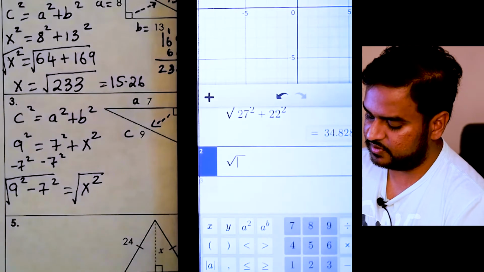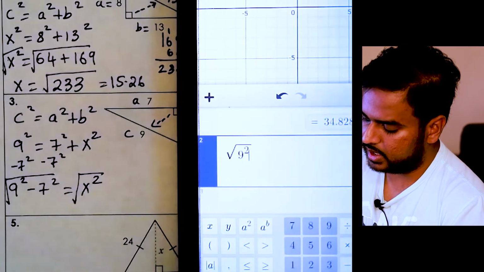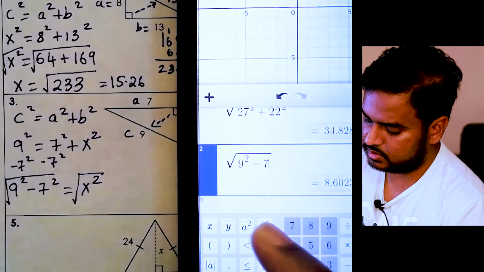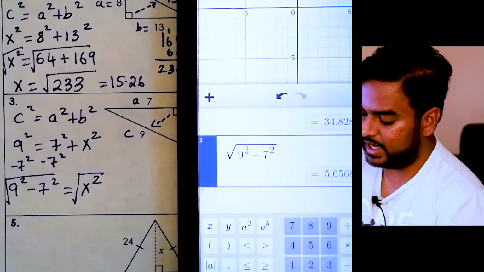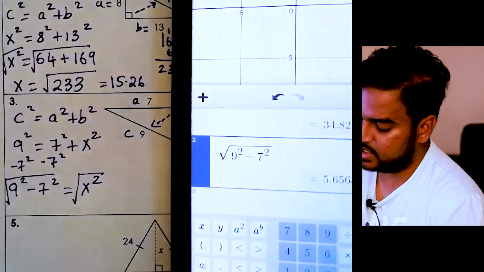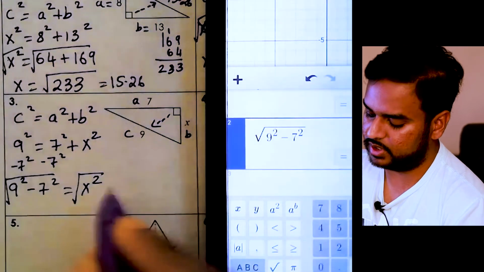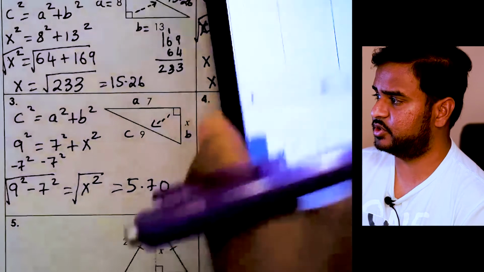I use my square root function. 9 squared minus 7 squared. I guess that was simple enough for us to do it by hand, which is, let's say, 5.66, which will round up to 5.70. All right, that was pretty simple too.